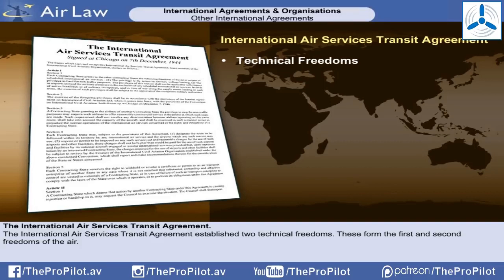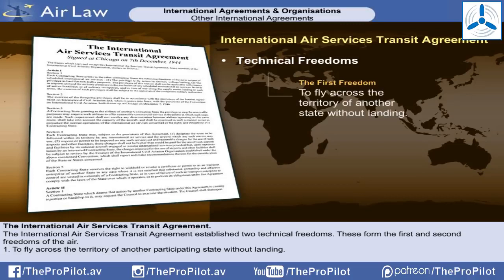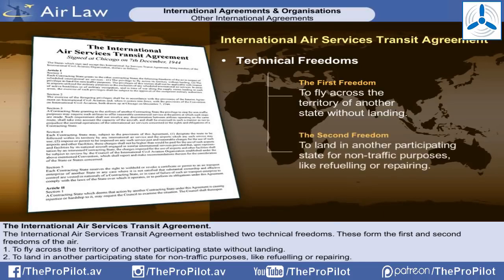In this context, the word freedom refers to a privilege conferred by virtue of a bilateral agreement. The very first freedom is a freedom to fly across the territory of another participating state without landing. The second freedom allows for a privilege to land in another participating state for non-traffic purposes, like refueling or repairing, but not for the uplift or discharge of passengers, cargo or mail.